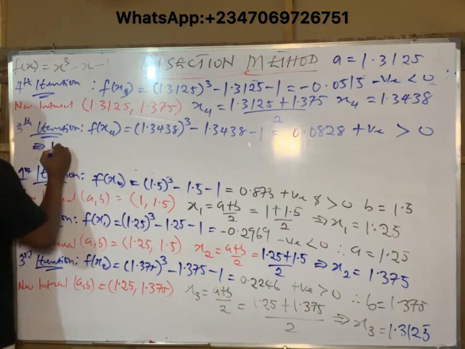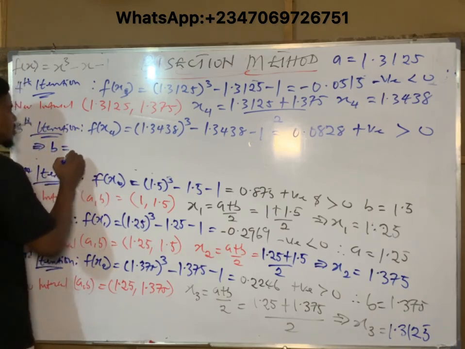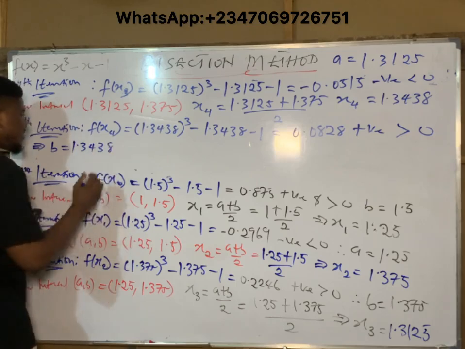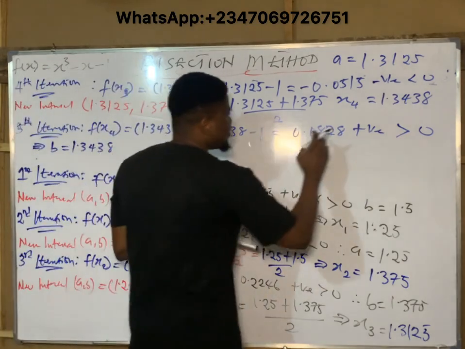that b is equal to what? b is equal to 1.3438. The value that causes the function to be positive becomes b.